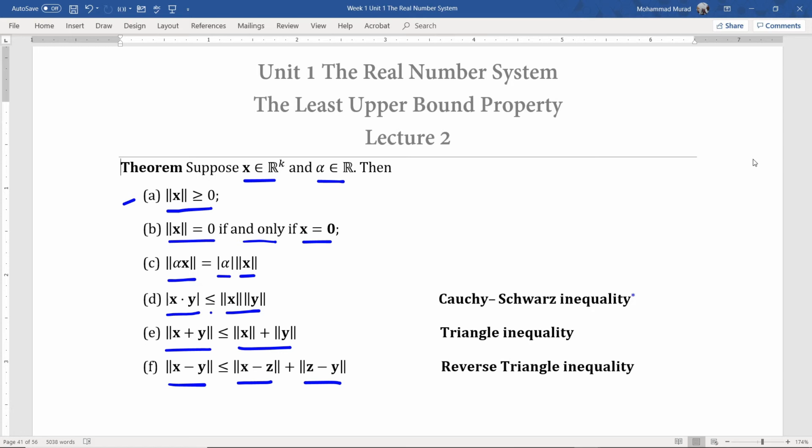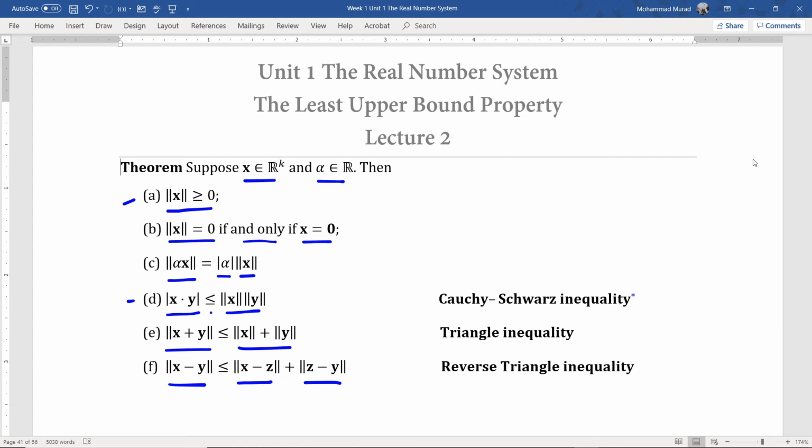The inequality in statement D is famously known as the Cauchy-Schwarz inequality, also known as the Cauchy-Bunyakovsky-Schwarz inequality. The French mathematician Cauchy, who lived from 1789 to 1857, first published this result in 1821.